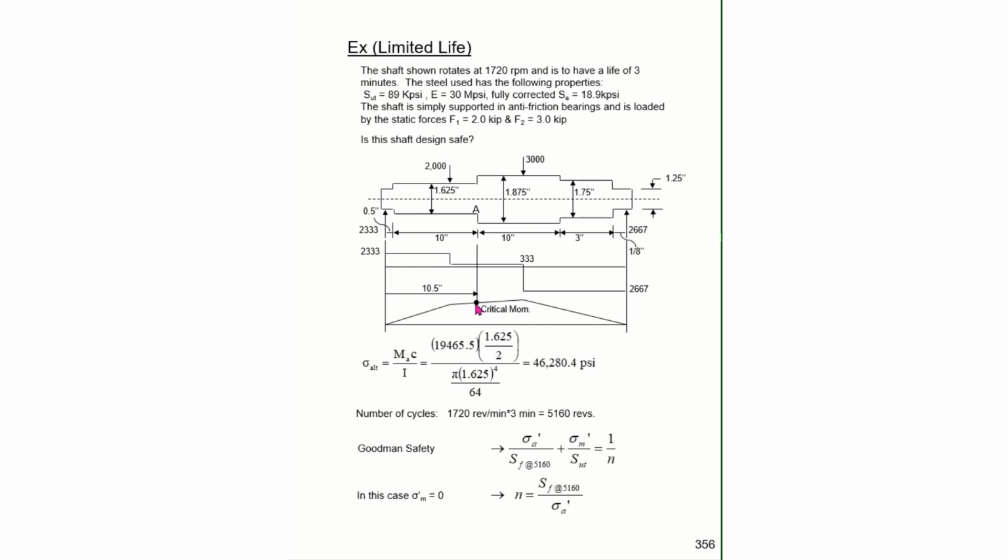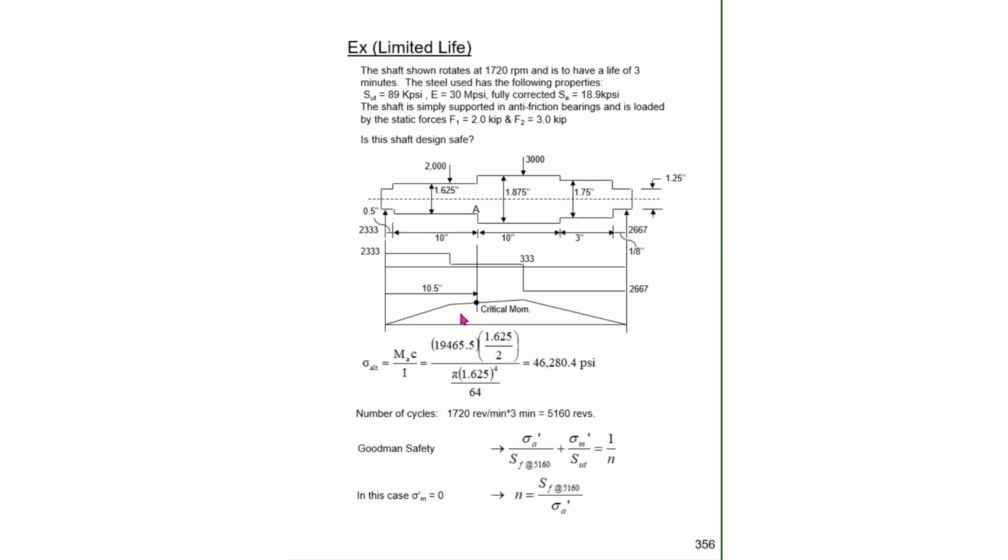And since this moment here is greater than what the moment would be over here, we know that it would be either this point A or this peak value here. So I computed this value and determined that it is here at point A.